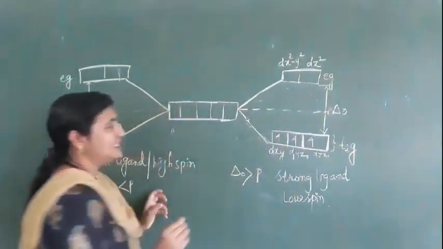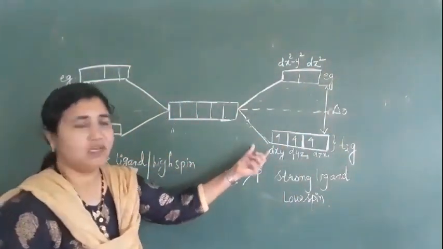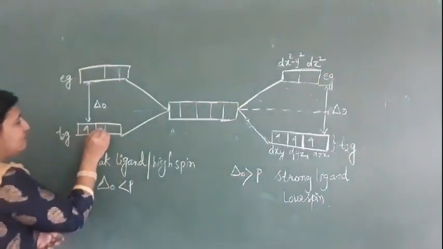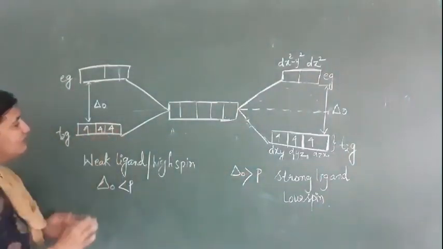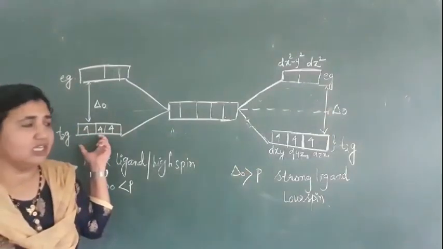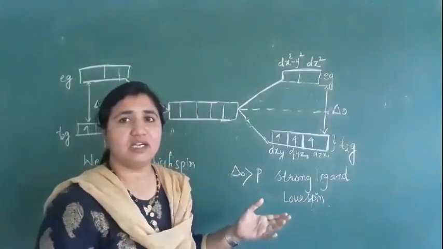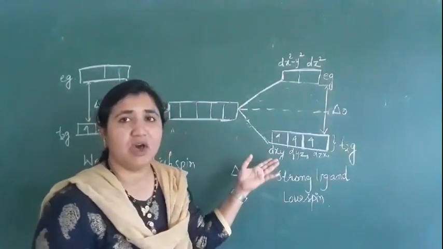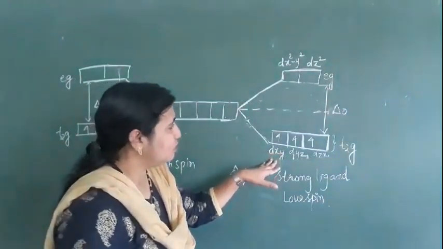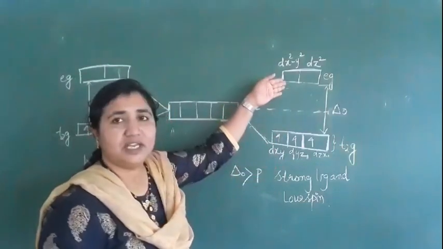These 3 electrons get filled in the lower orbital only. In the weak field ligand also, the 3 electrons will be filled in the lower orbital only. But the problem is for the 4th electron. Which orbital will it enter, either the T2G set or the Eg set?